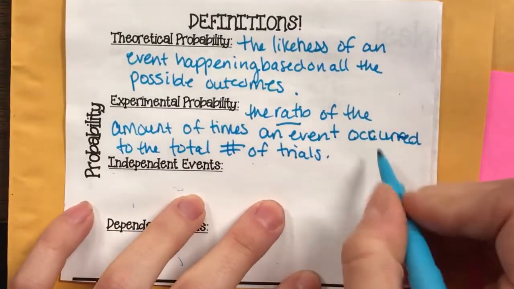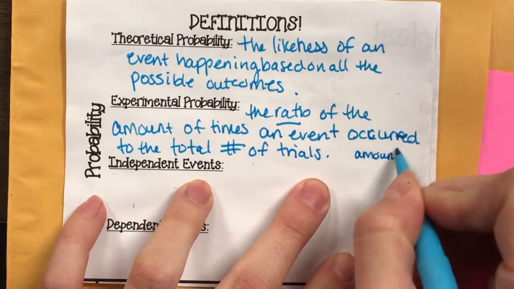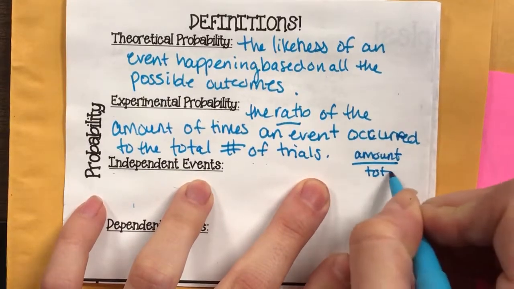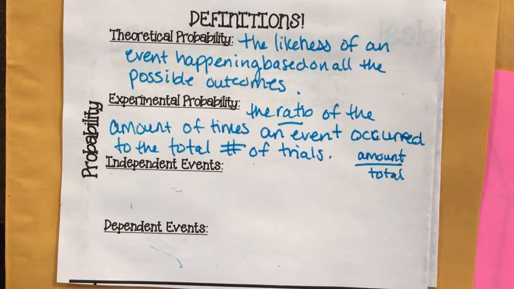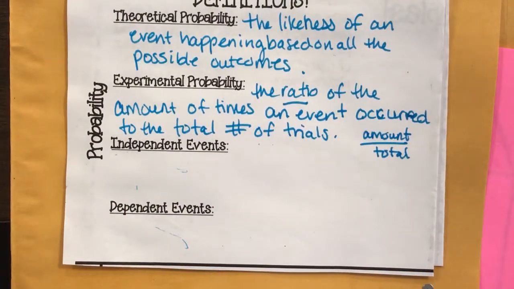So it's a ratio, a fraction: amount of times over total. And the definitions will make more sense when we go back and look at example problems. Right now it doesn't really mean much when you say it like that.